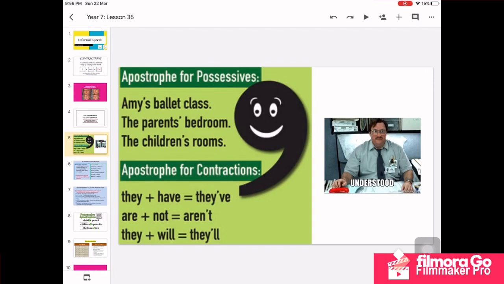Okay. So another function of the apostrophe is for contractions, what I mentioned just now, when you combine two words to become one word and some of the letters are omitted. This is for informal speech.